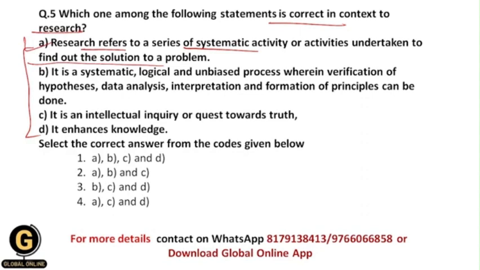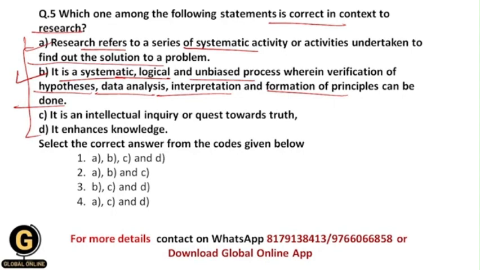Now second is, it is a systematic, logical and unbiased process wherein verification of hypotheses, data analysis, interpretation and formation of principles can be done. Yes, this is as well the correct statement in regards to research, because research is always systematic, it is logical, because here we think logically. As well, this is unbiased.